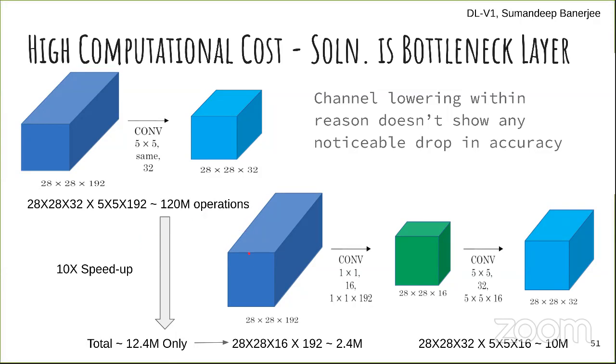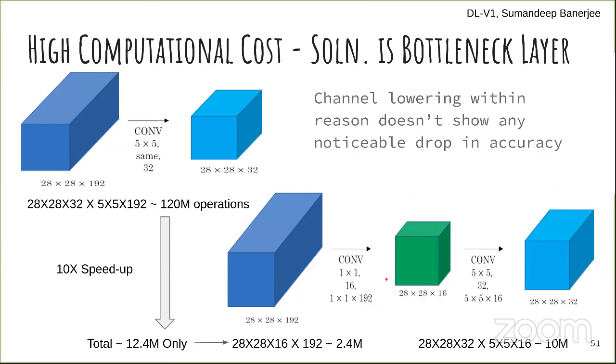What they did was introduce one additional 1 cross 1 convolutional operation with a reduced number of filters. Now it is basically a bottleneck. Why bottleneck? Because from 192 channels we go down to 16 channels, then again inflate up to 32 channels.